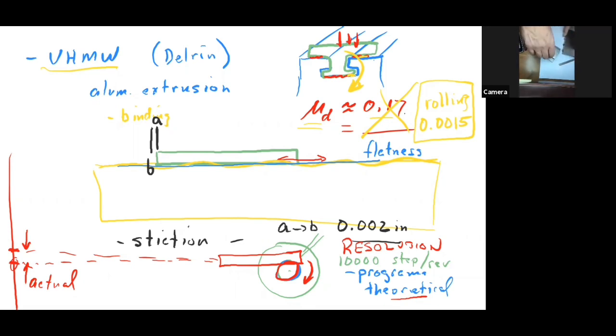Okay, so here we have this thing here called a dovetail slide. Oops, let me change that, hold on. Dovetail. And there's a variation of it that is a little different.